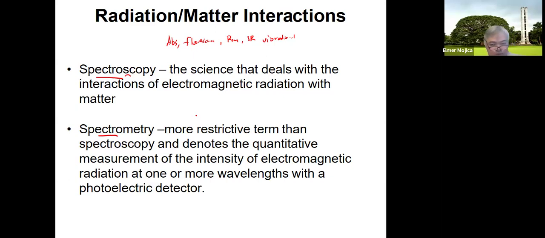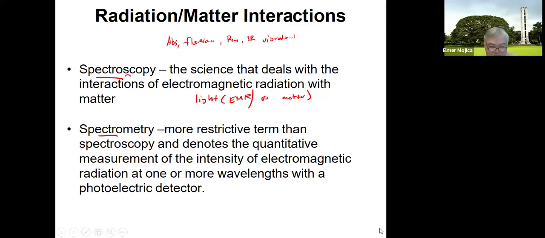It's a branch of science that studies the interaction between light, which in this case is electromagnetic radiation, and matter. So that is the whole of what we call spectroscopy. The interaction of radiation and matter is the subject of spectroscopy.